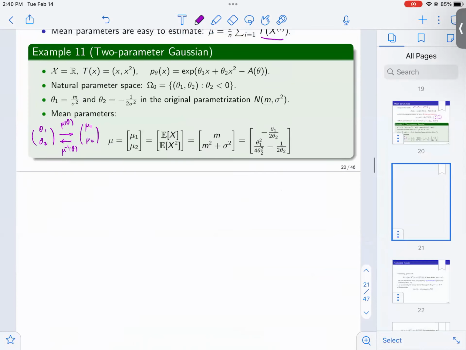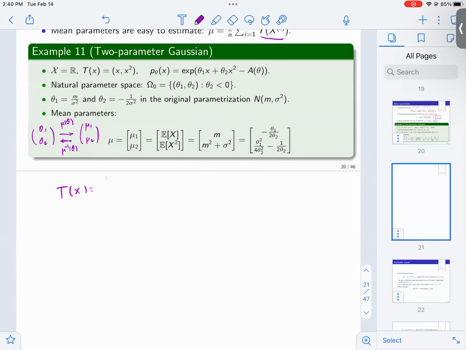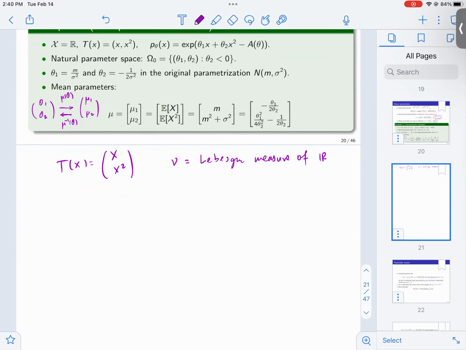So suppose I give you a statistic, and I give you this measure, let's say Lebesgue measure on R. And then I'm going to look at all the distributions on X that have density, let's say, P with respect to the Lebesgue measure.